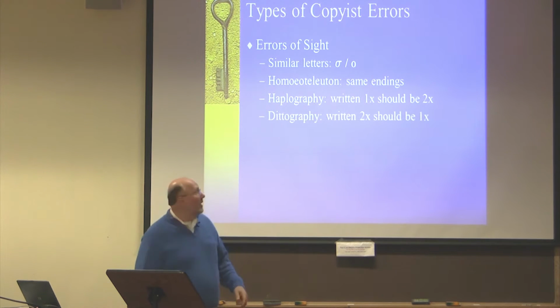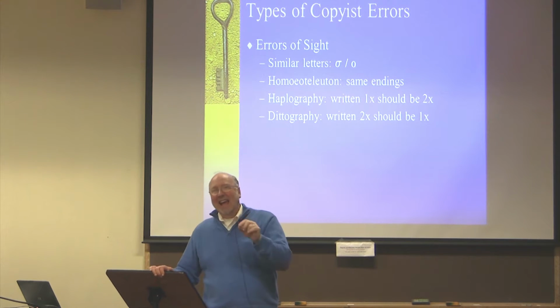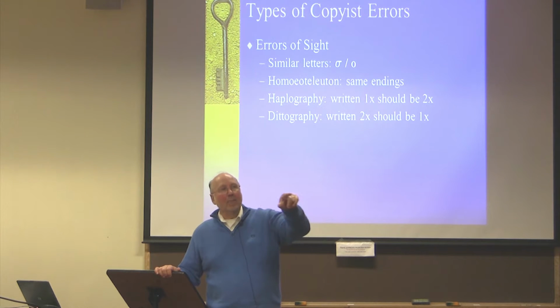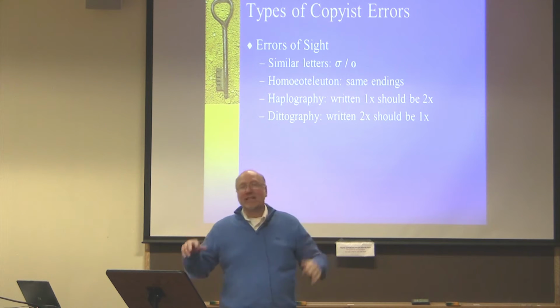The opposite of that one, and this is more frequent, is that the scribe writes something once, and actually I've done this too, when I'm typing, I'll type a line, and then I type it over here, and then I'll come back, and I'll type the same stinking line again, and so I'll be typing the same thing twice. They call it dittography, like ditto.